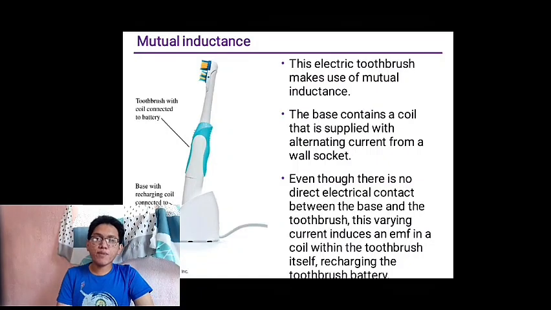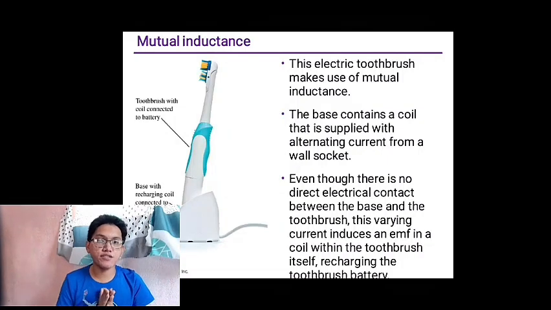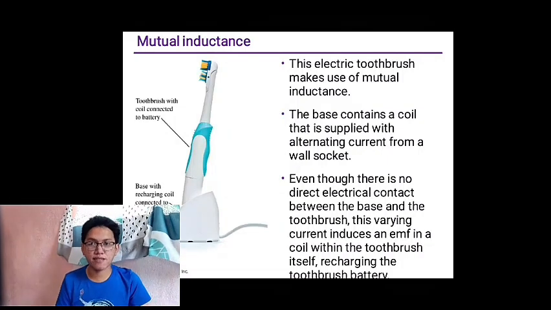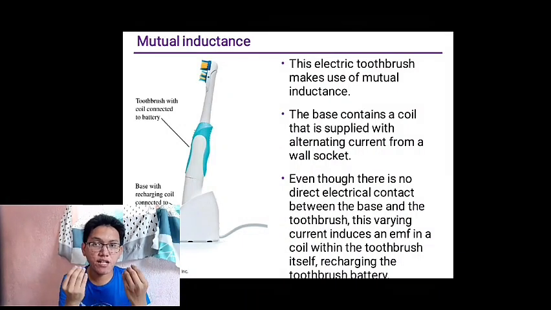We have the application of the electric toothbrush. This slide shows an electric toothbrush that uses mutual inductance. The base contains a coil connected to an alternating current source. This alternating current produces a changing magnetic field, even though there is no direct electrical contact between the base and the toothbrush.